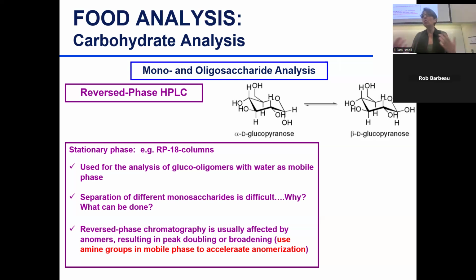Unless, if you don't have any option, you can add a little bit of salt in your mobile phase. Then you shift the interaction of your monomers. Instead of the mobile phase that has salt, they will be retained a little bit more on the column.